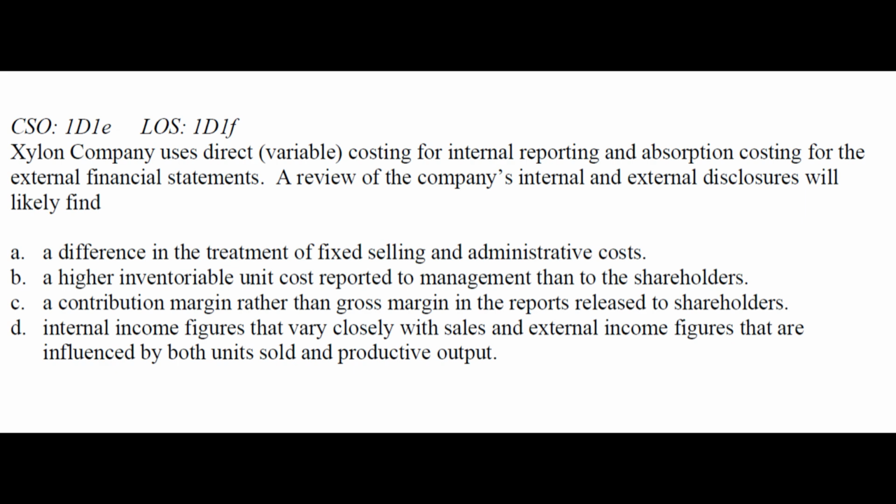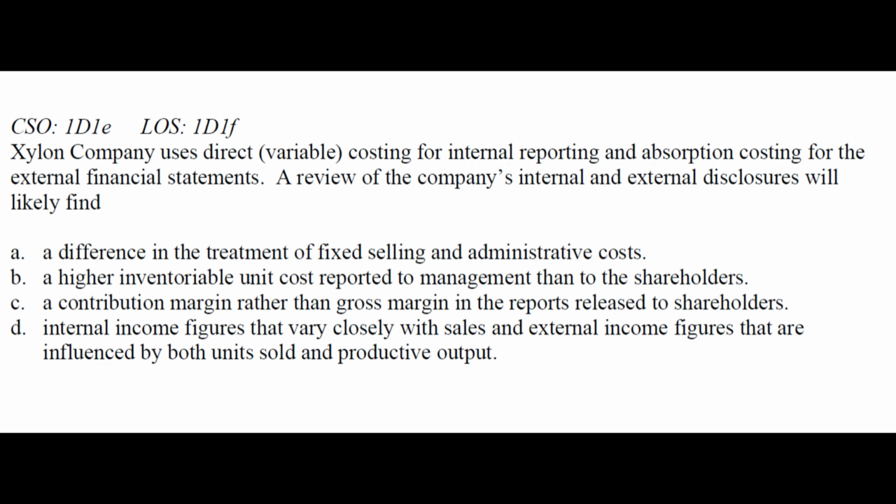Fixed selling and administrative costs are treated as period expenses under both costing methods, so there is no difference. B. A higher inventoriable unit cost reported to management than to the shareholders. Incorrect. Absorption costing, external reporting, includes fixed manufacturing overhead in inventory, so external inventory cost is higher, not internal inventory cost.